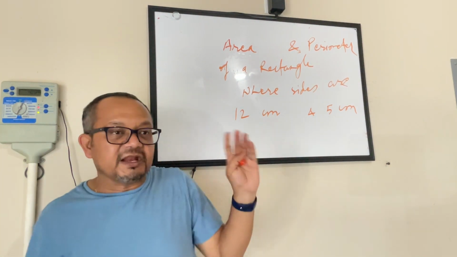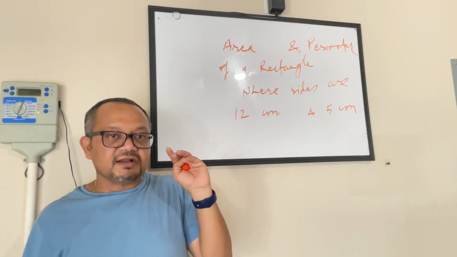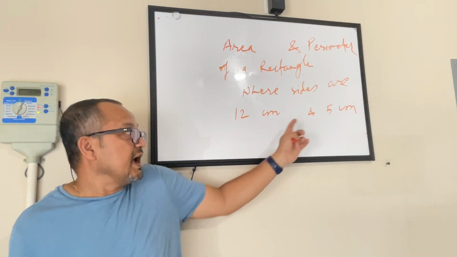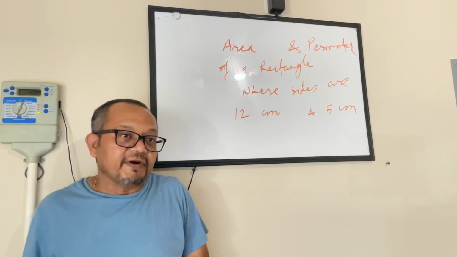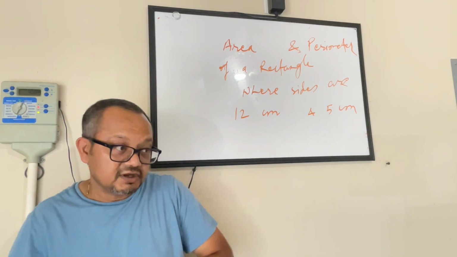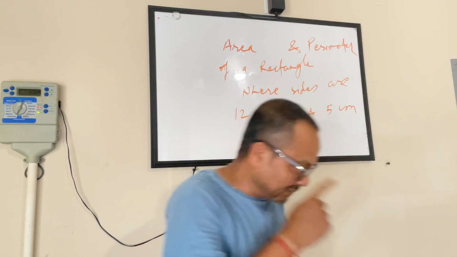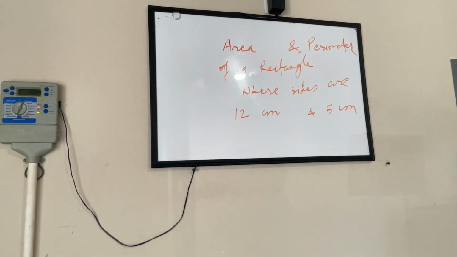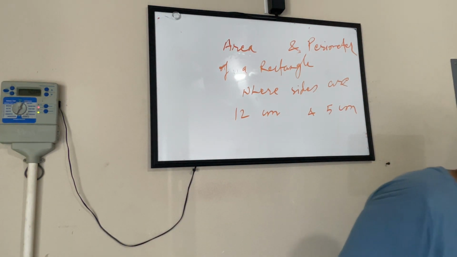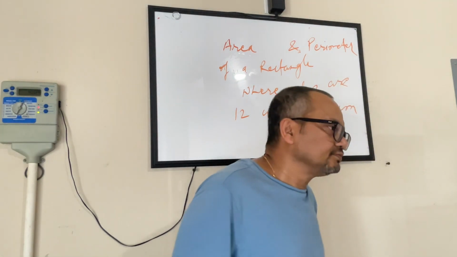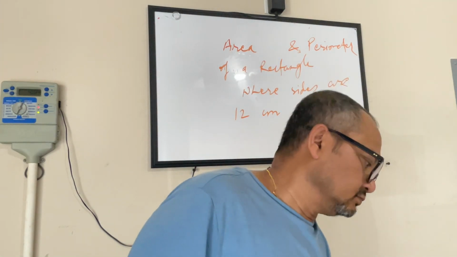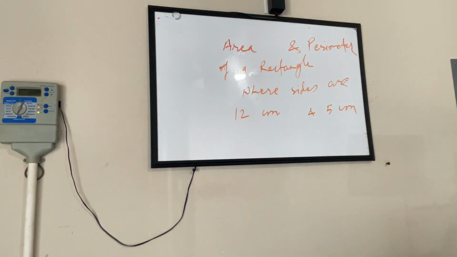Find out the area and perimeter of a rectangle where the length is 12 centimeter and width is 5 centimeter. And do it carefully, okay? Tell me with the units. No, it's not difficult. Tell me with the units.